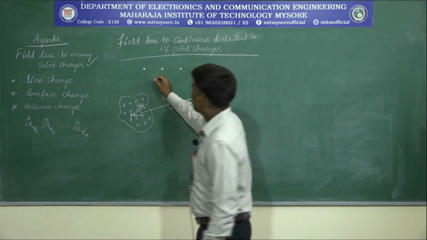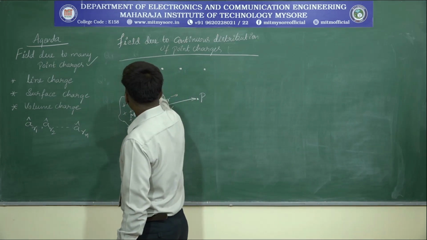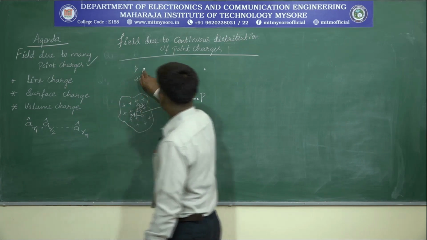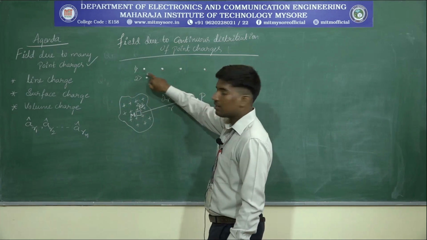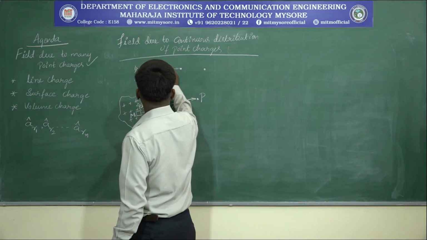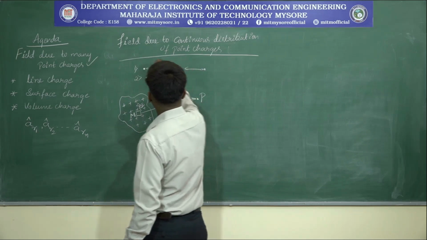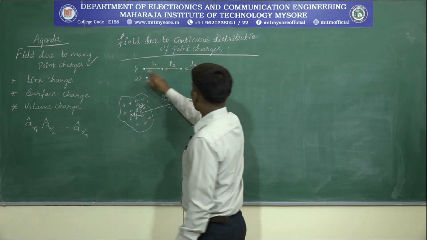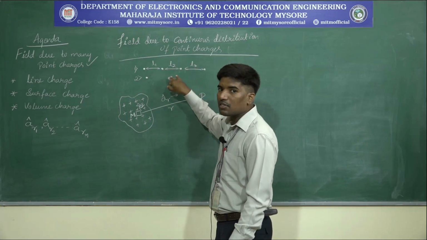Now coming to the second example, you can easily identify the distinct length between each point charge, right? Hence this kind of arrangement is called a discrete arrangement.